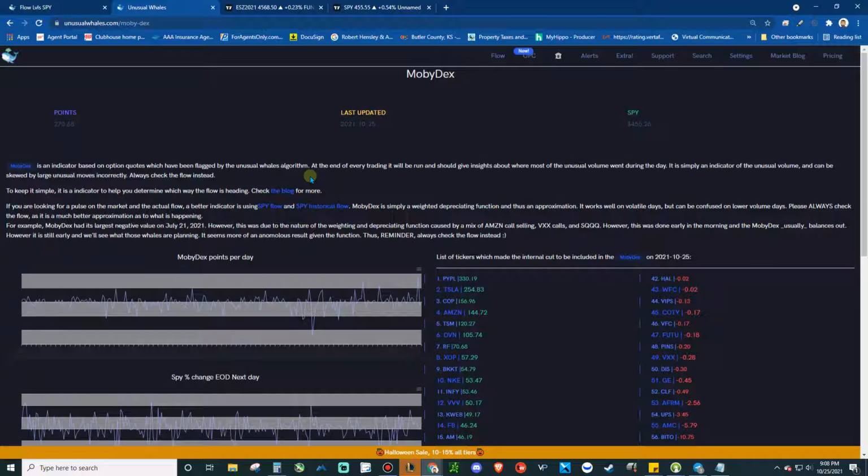So if you guys don't know about the Unusual Whales bot, it's extremely helpful for finding unusual trades. Basically, it's a really nice filter to find unusual trades that are happening within all the different options chains across the market. So if you're able to put this into an index, which is what's happening here, it's extremely valuable because it's going to give you an oscillator based on the points.